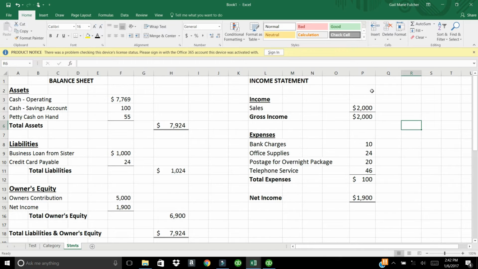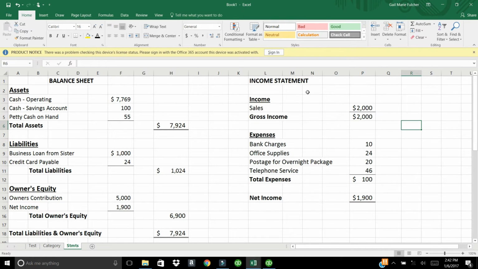So remember, our total assets of $7,924 minus our liabilities of $1,024 equals our total equity of $6,900. Therefore, total liabilities of $1,024 plus the total equity of $6,900 must equal our total assets of $7,924, and they do.